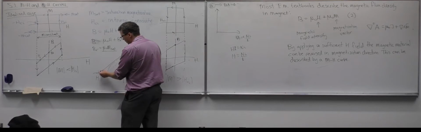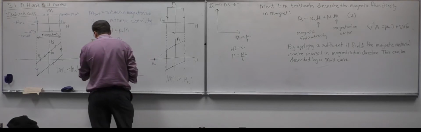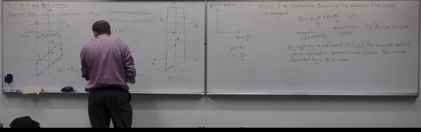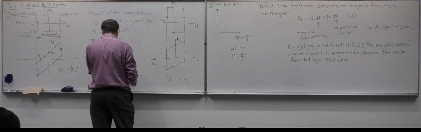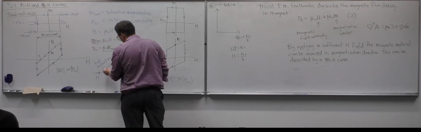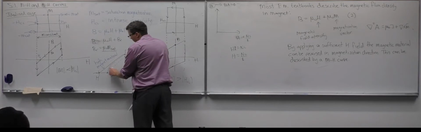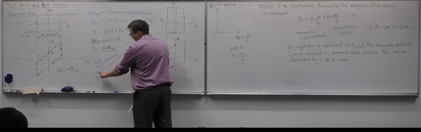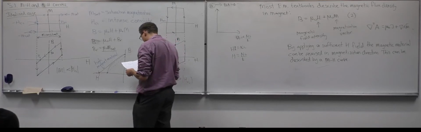Ideally you'd like a magnet material that has a straight line here. So this would be considered a high grade magnet material. And if the curve doesn't go linearly all the way down, that could be considered a lower grade.